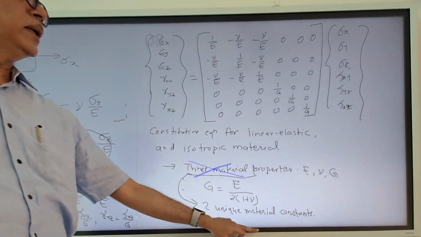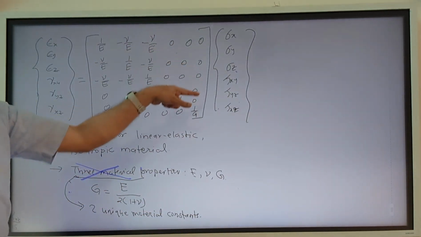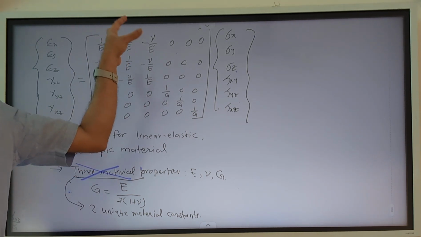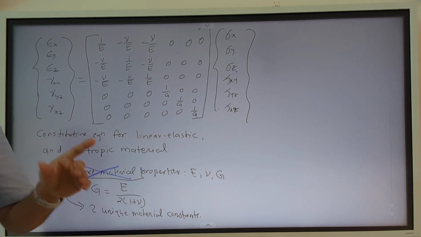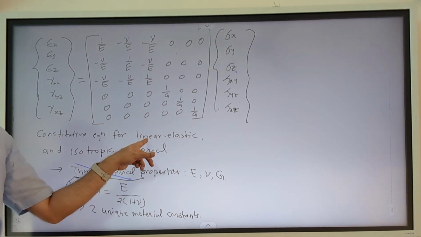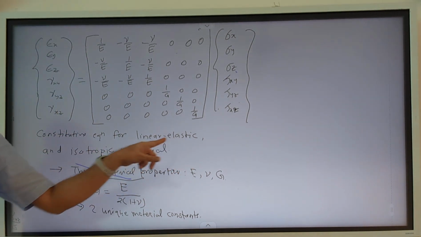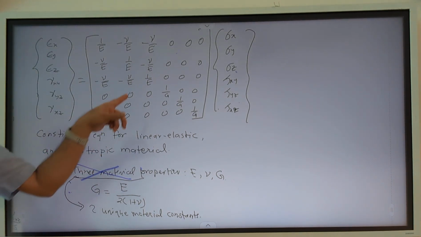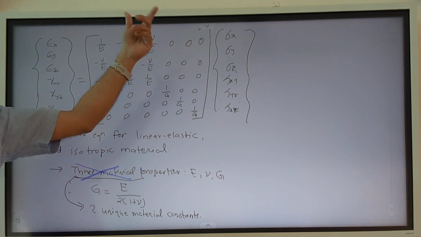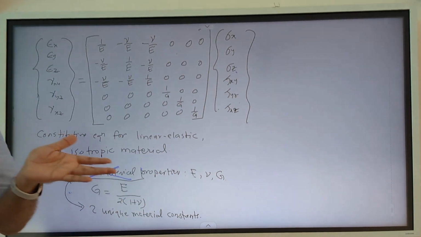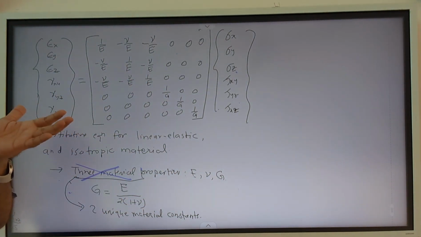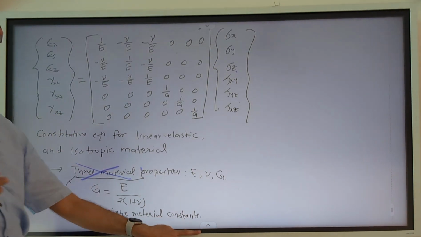But in general, you will have this full 6 by 6 matrix with valid entries, which is applicable to any general material. If your material is not linear, not elastic, and not isotropic, then the zero terms will start disappearing from the equation, and that is called the generalized Hooke's law, or the generalized constitutive equations.